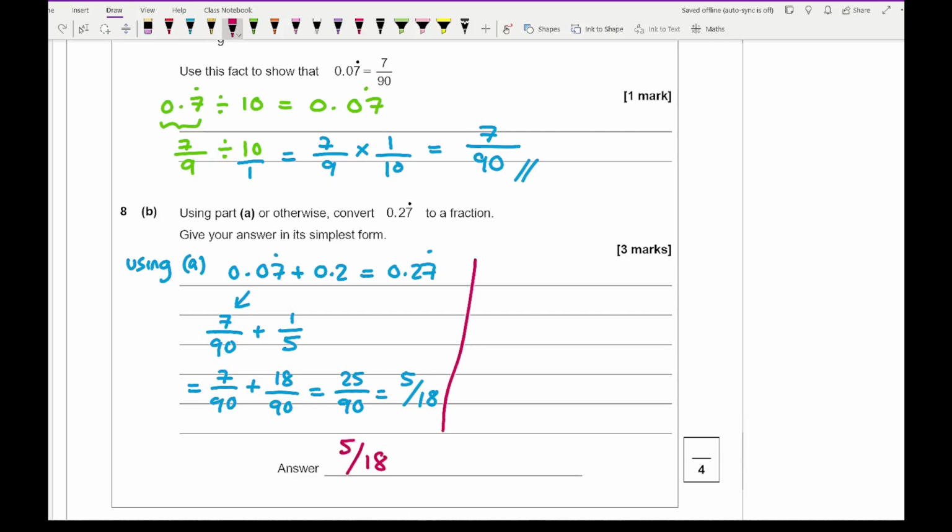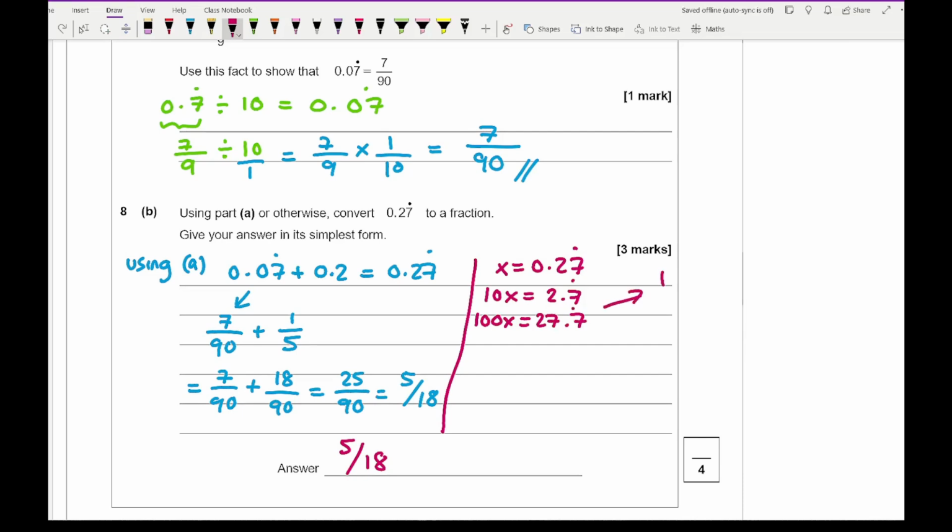But then if I didn't use part A, then what I could do is first of all make the recurring decimal equal to x, multiply both sides by 10, so I get 2.7 recurring, multiply it by another 10, so I get 27.7 recurring.